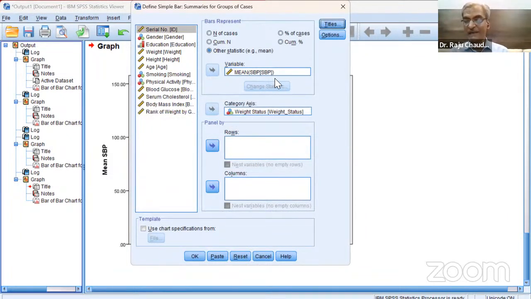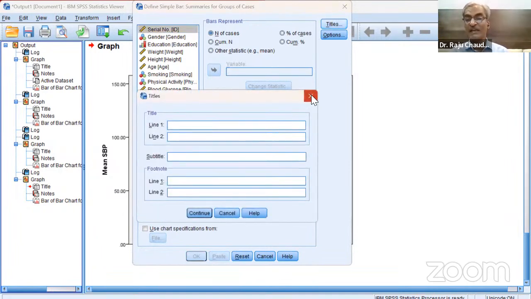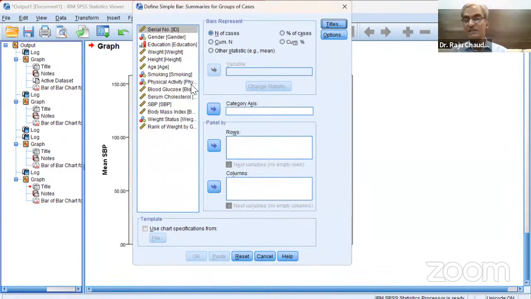To remove all these settings, we have a reset button at the bottom. When we click on this reset button, it will clear all the previous options.